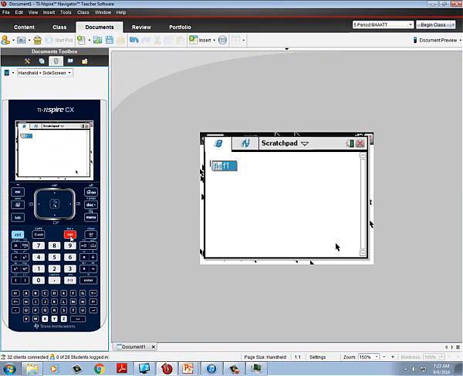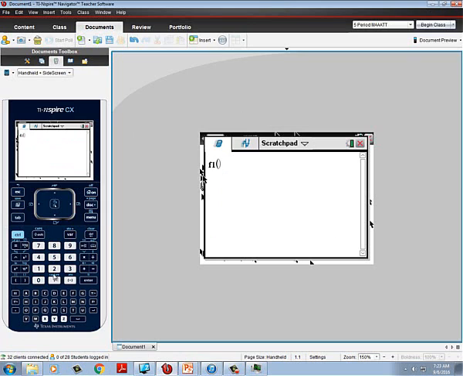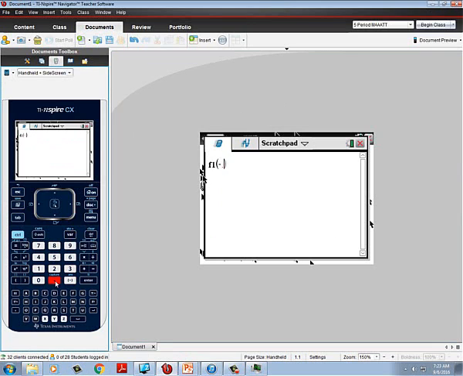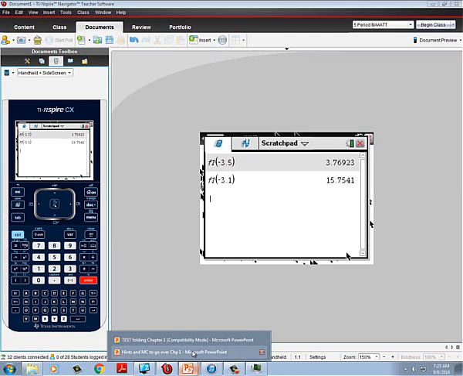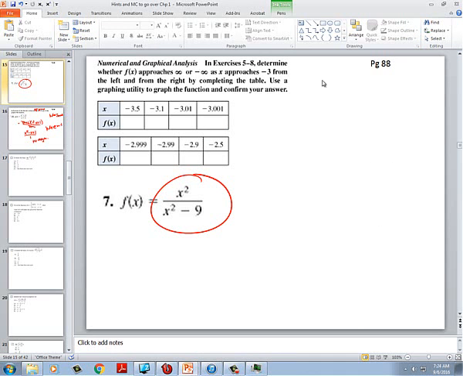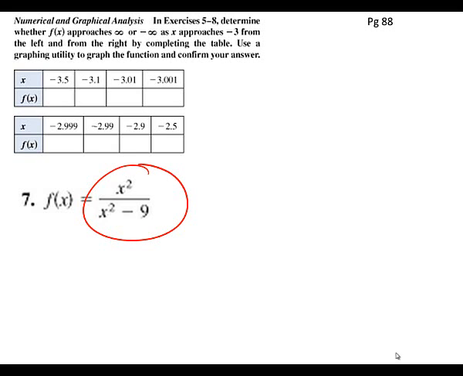So remember, you go var f1 of negative 3.5, and then var f1 of negative 3.1. These should be no-brainer type problems, right? Okay, so I'm going to give you a minute. I want you to type all the numbers in. I'll post the numbers up there again in case you're not following on the Chromebooks. Okay, so everybody's plopping those numbers in, and you're going to tell me what you get.